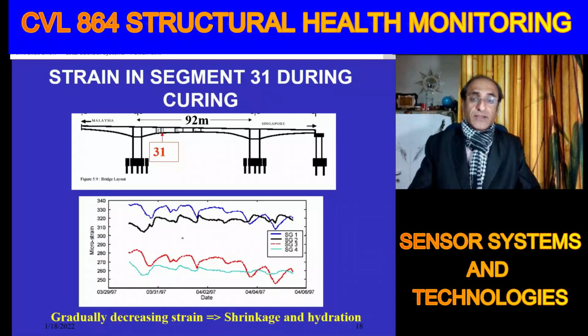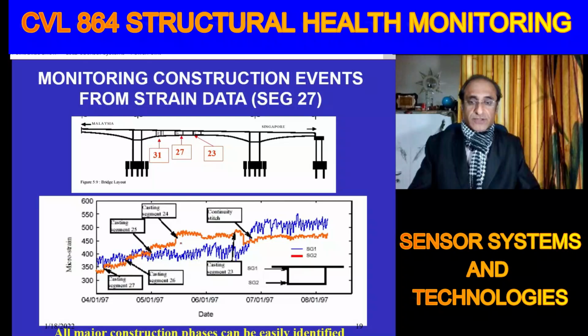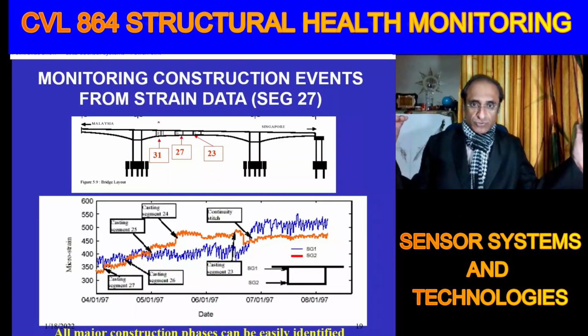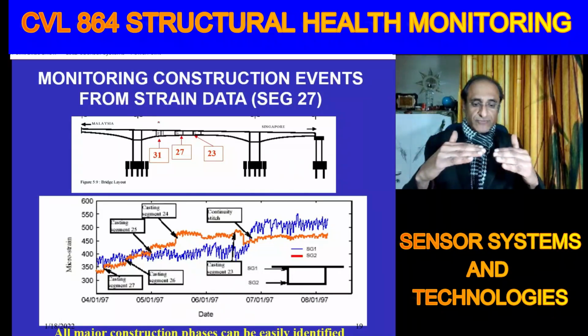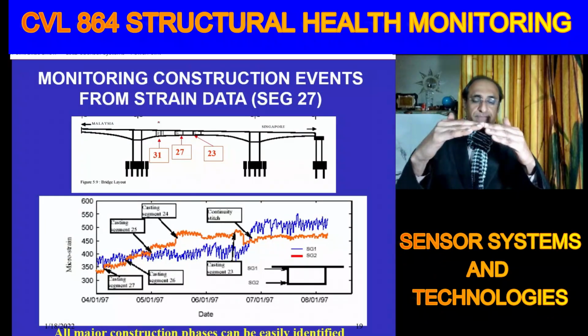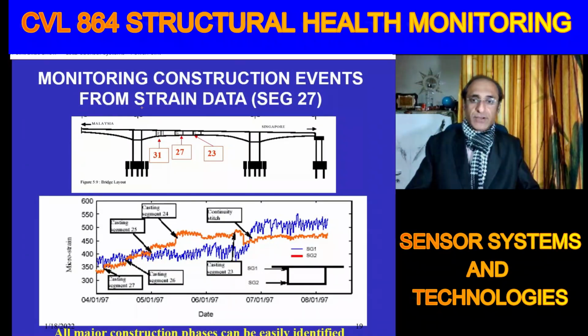Another achievement of those investigators was that they could specifically pinpoint some of the important construction events. For example, the casting was from two sides, and finally the two were stitched together. Initially the behavior is like a cantilever, meaning compression at the bottom and tension at the top.